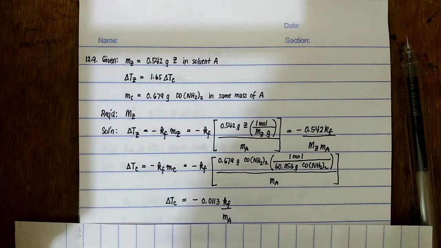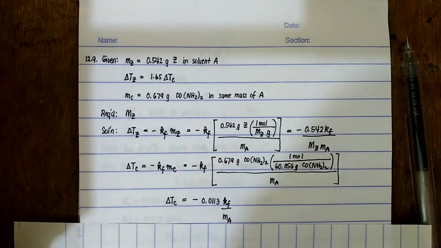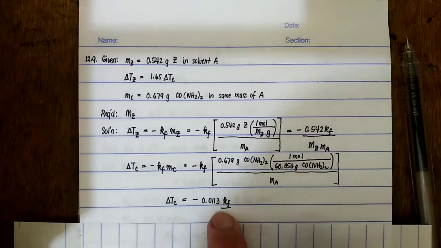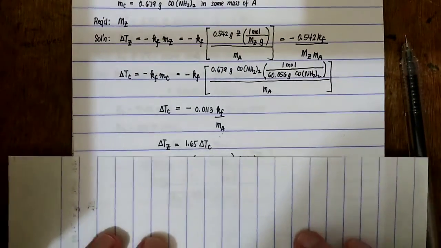Now, utilizing the mathematical expression given to us in the statement of our problem in 12.9, namely that delta Tz is equal to 1.65 times this one, we're now able to arrive at this particular expression right here.